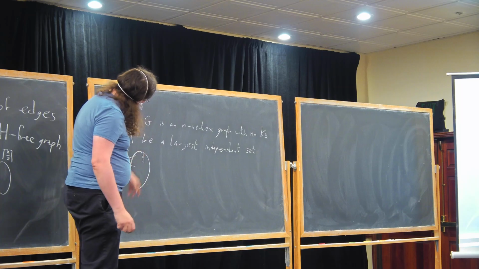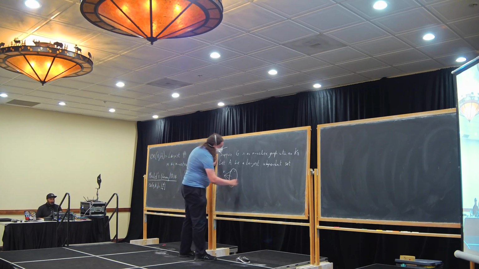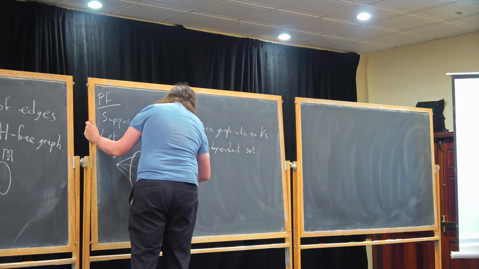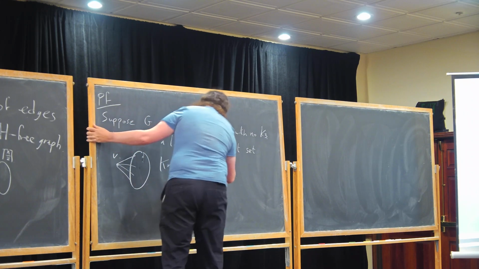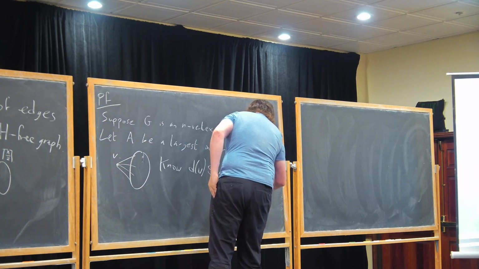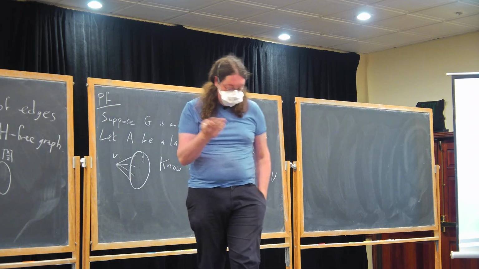If there's an edge in here, we have a triangle, so there can't be an edge in there. So that means that the degree of v is less than or equal to the size of this independent set. So we know that d(v) is at most |A| for every v, and V is just the set of vertices of G.